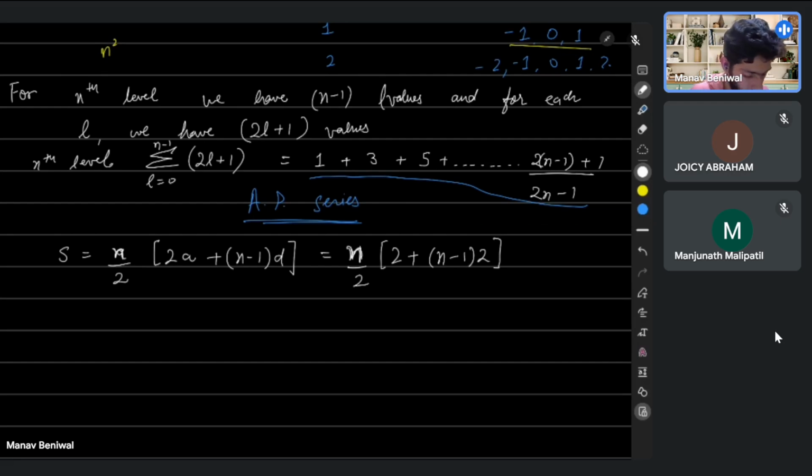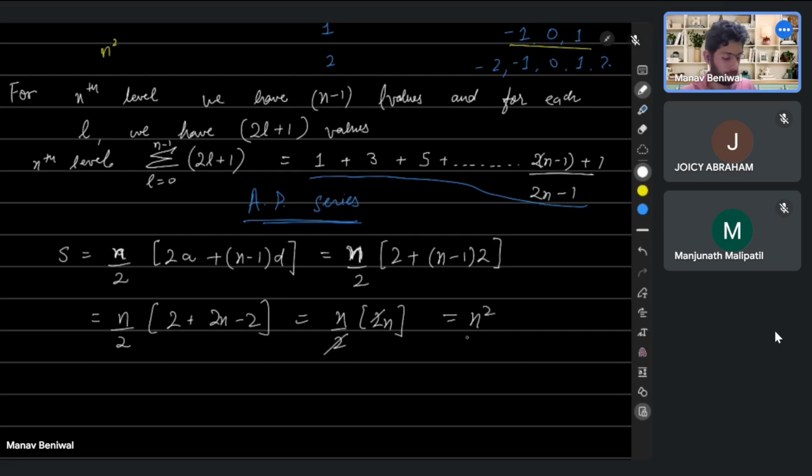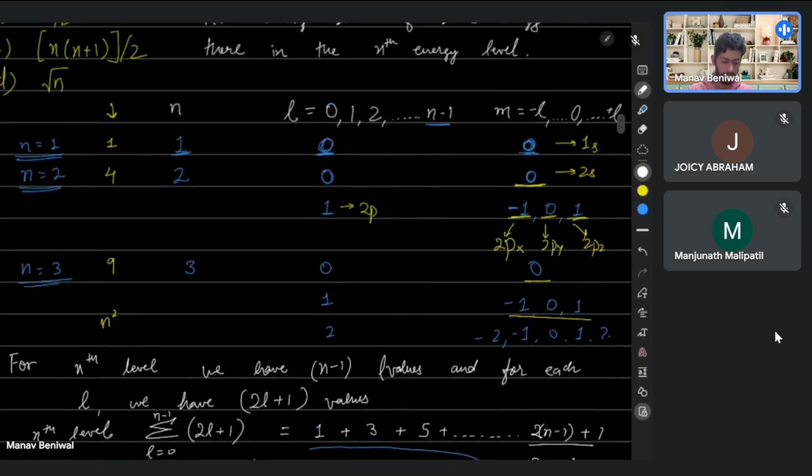Now if you open this bracket, you'll get n over 2 times (2 plus 2n minus 2), which is nothing but n over 2 multiplied by 2n, and the 2 cancels out, so this becomes n squared, right? And this is the answer that we got here.